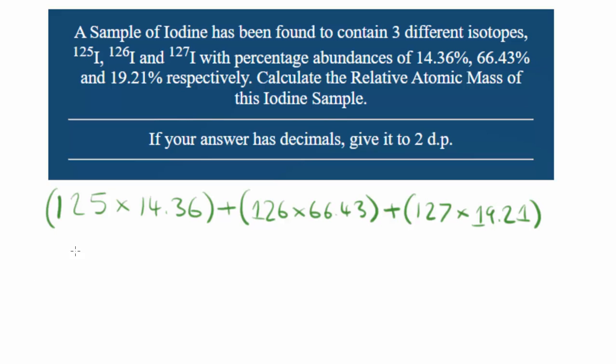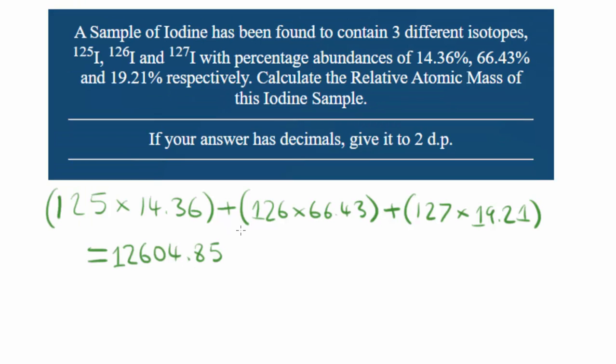So if you get a calculator and have a go at working out what that is, what you should come to is 12604.85.